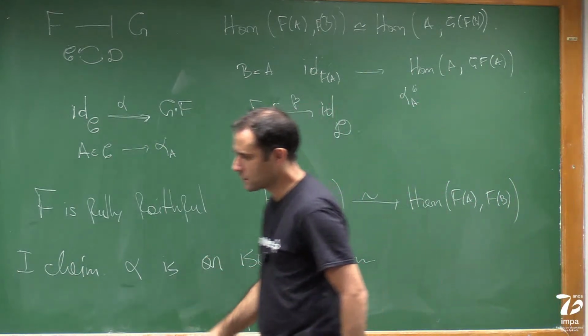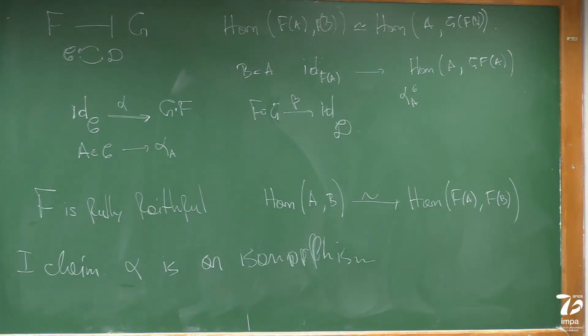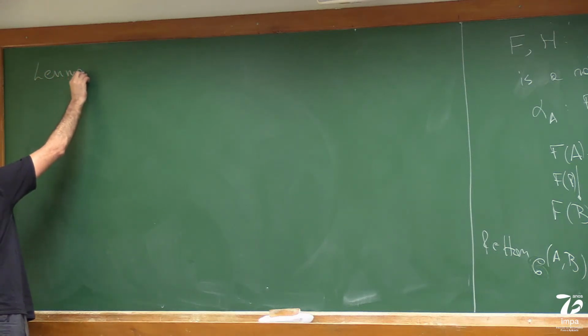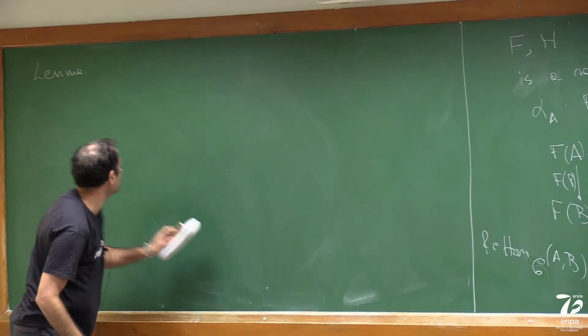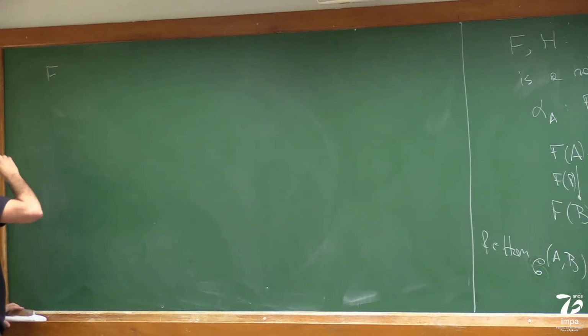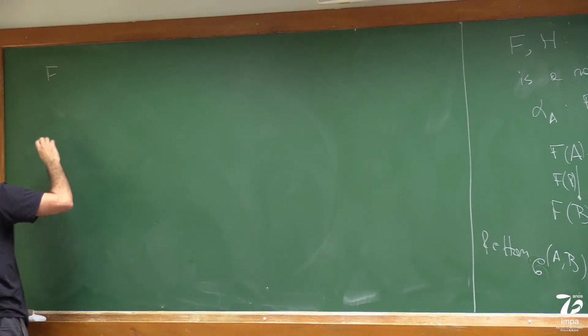For this, let me use a lemma that I'm not going to prove, that many of you have probably done already. Or perhaps before a lemma, let me notice something. So let's suppose that you have F, which is a fully faithful functor.